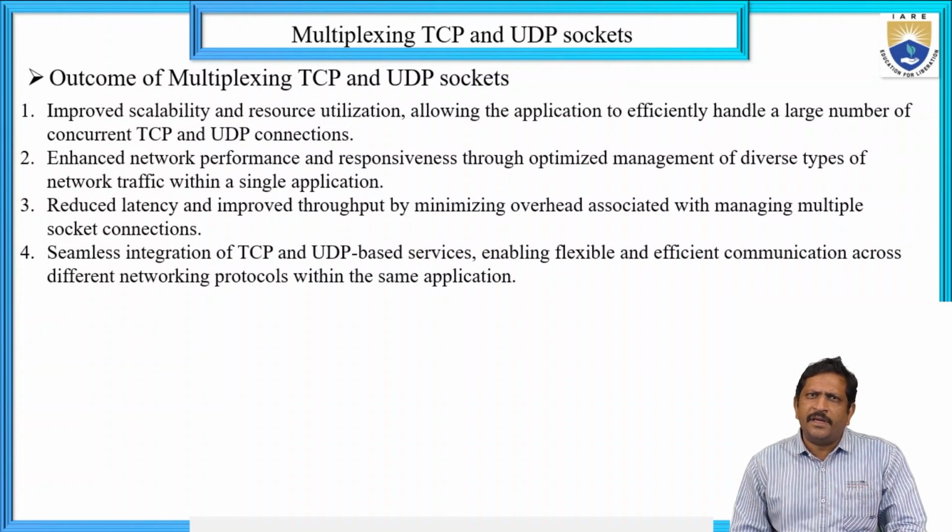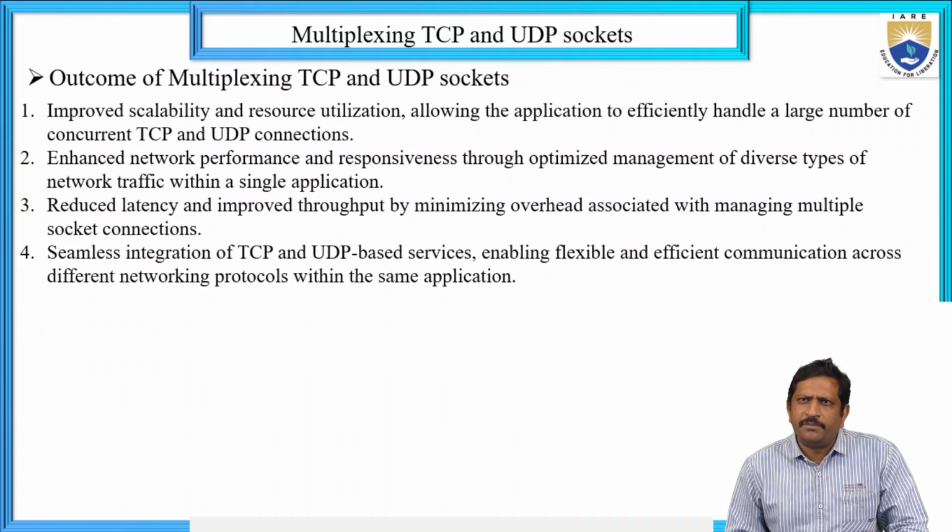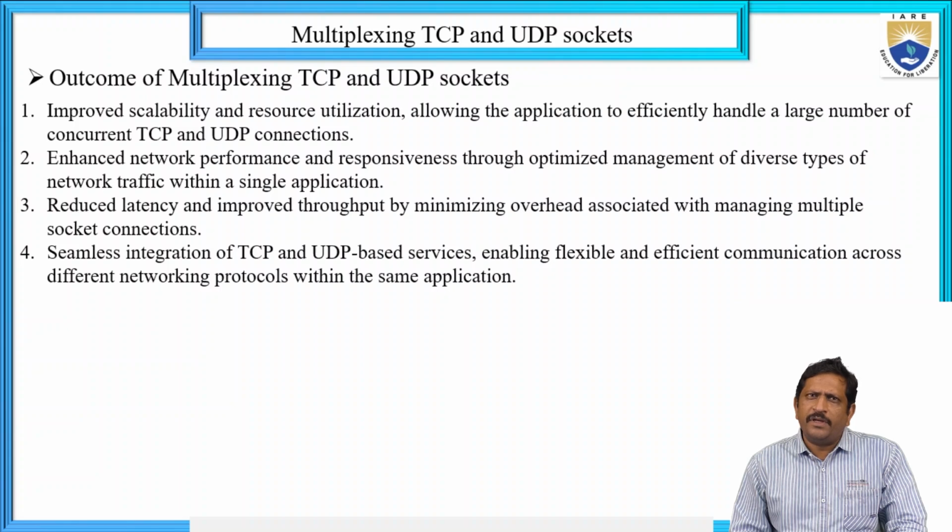It enhances network performance and responsiveness through optimized management of diverse types of network traffic within a single application. It reduces latency and improves throughput by minimizing the overhead associated with managing multiple socket connections. The seamless integration of TCP and UDP based services enables flexible and efficient communication across different networking protocols within the same application.